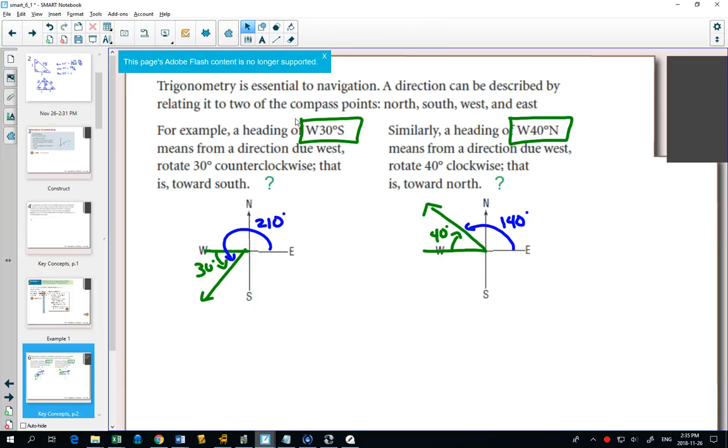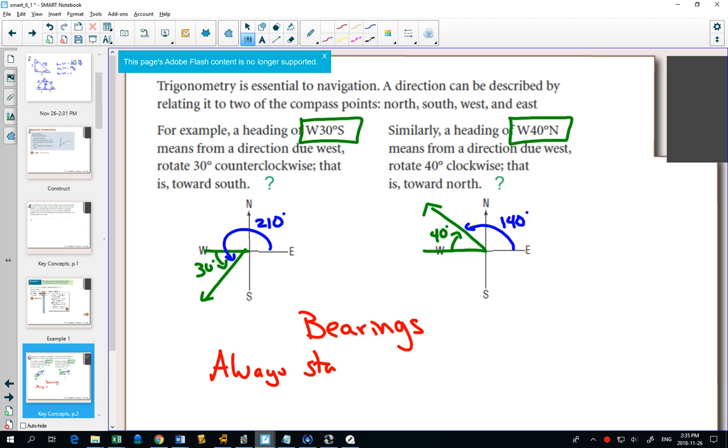Another thing that is sometimes used for measuring angles is something called bearings. Bearings always start at north. And they always travel in a clockwise direction.